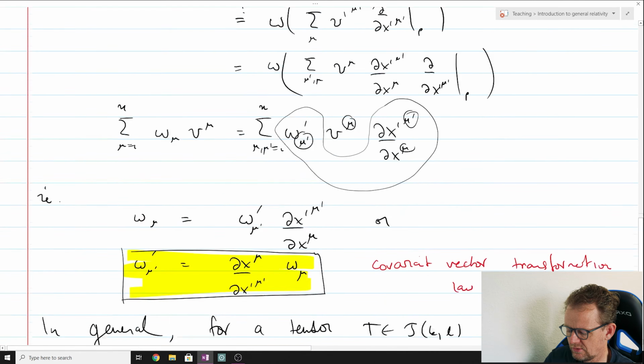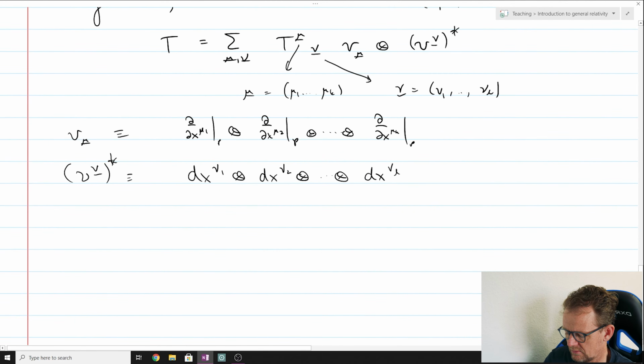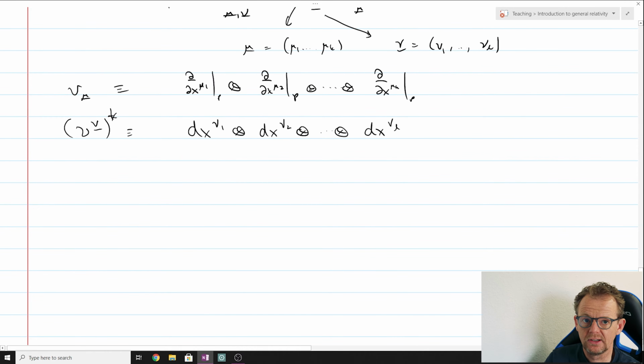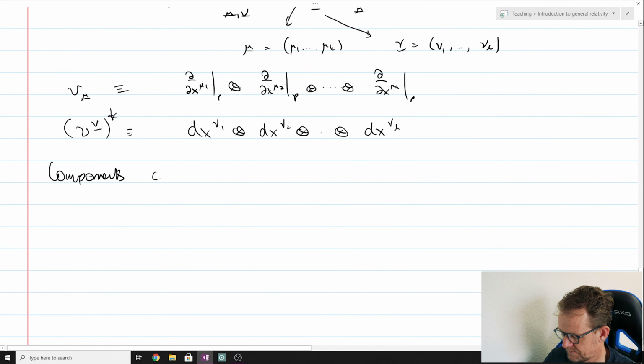You can actually just put these two expressions together and then apply a similar argument, apply it to smooth vector and covector fields, and then you learn that the components of a tensor under a change of coordinates behave as follows.